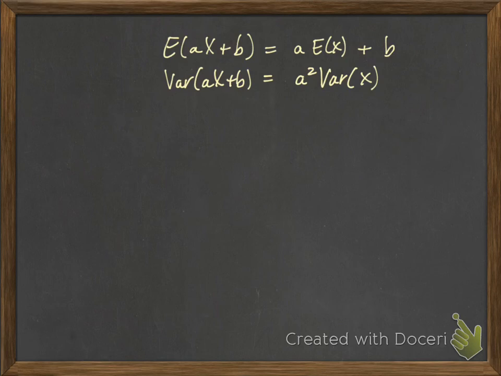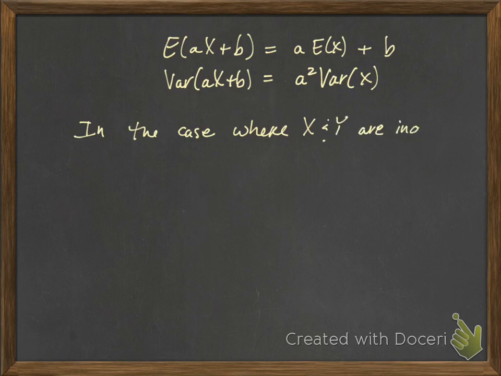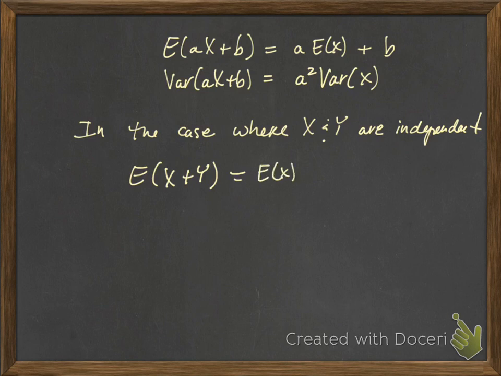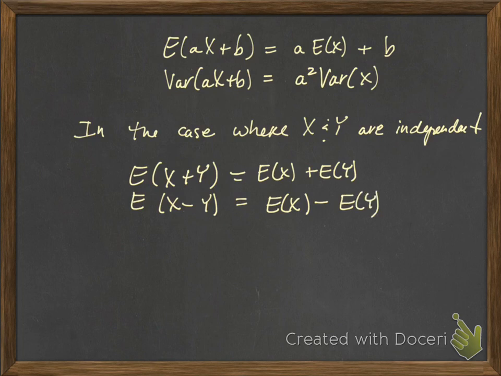Now in the case where two random variables, x and y, are independent, then some nice things happen. This is actually true about the expected value regardless of independence, but it's also true if they are independent. The expected value of the sum of random variables is equal to the sum of the expected values. The expected value of the difference of two random variables is the difference of the expected values.